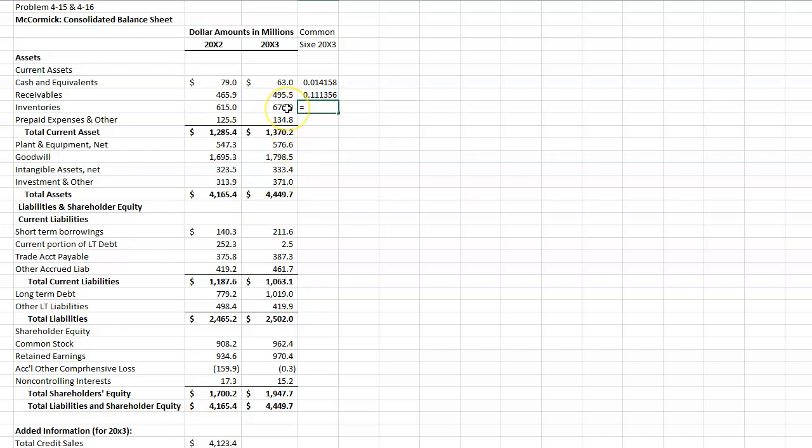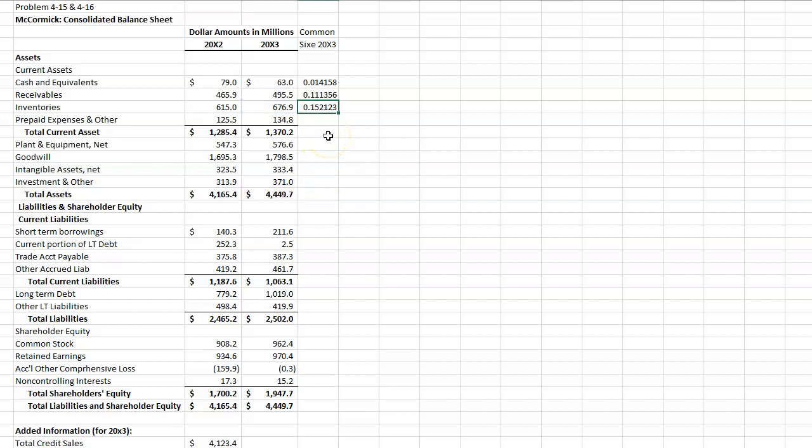Inventories divided by total assets. Now, an easier way to do this is to make the total assets absolute, at least the row number. So I want to put a $ in front of the 16, the row 16.